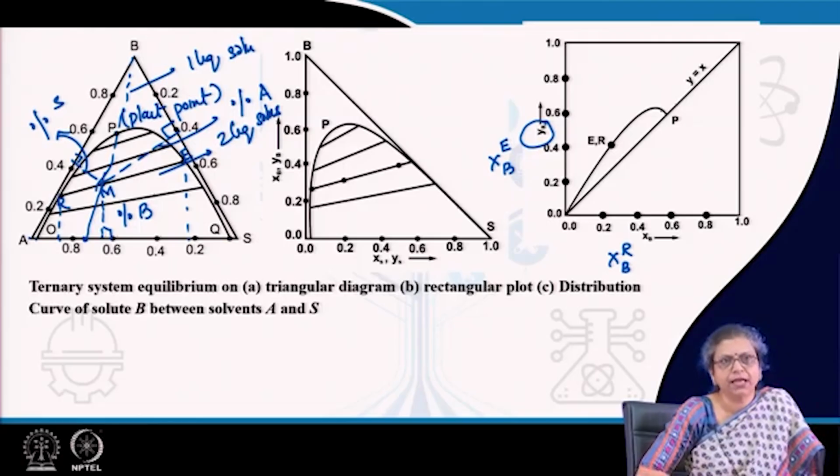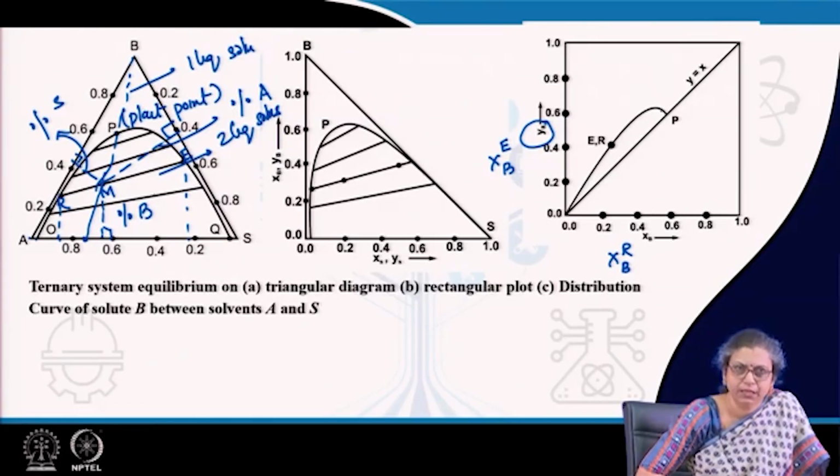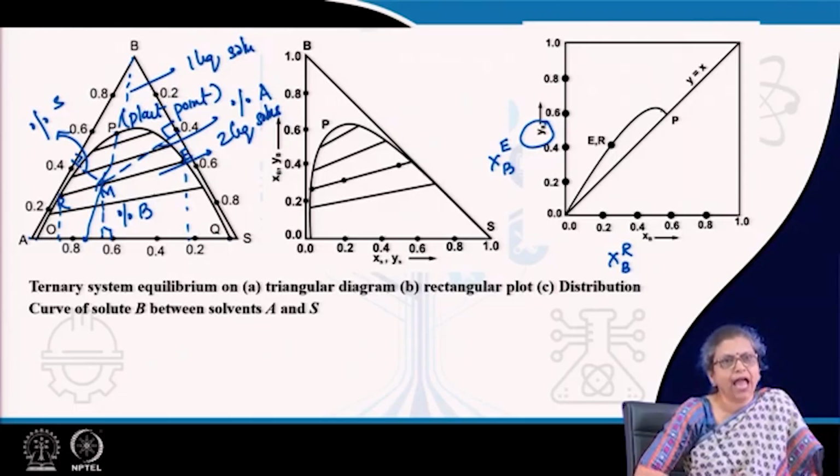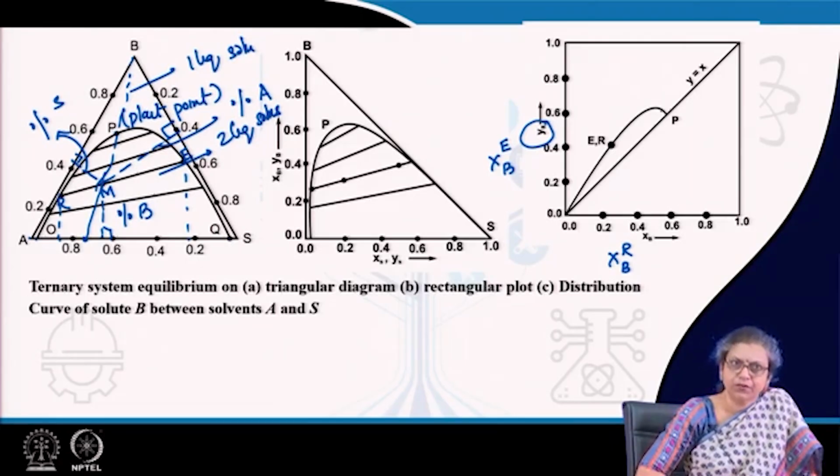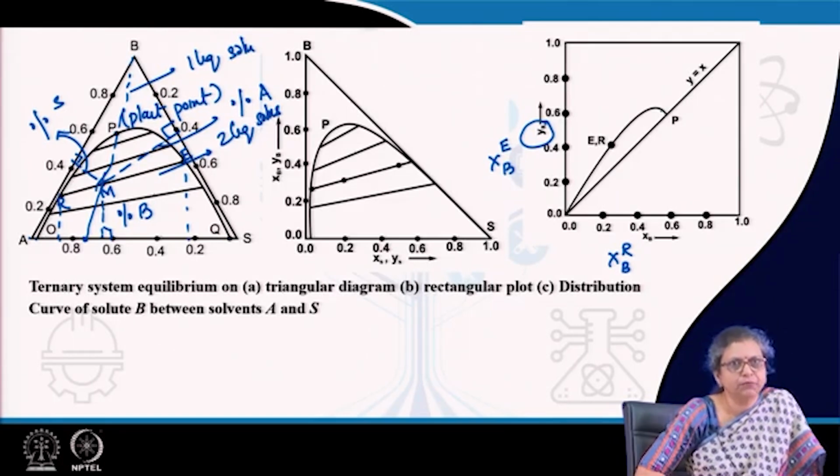The entire thing has emanated from thermodynamic equilibrium, which states that at equilibrium the chemical potential of each component in the different phases should be identical, or in other words, the fugacity of each component in the different phases should be identical.